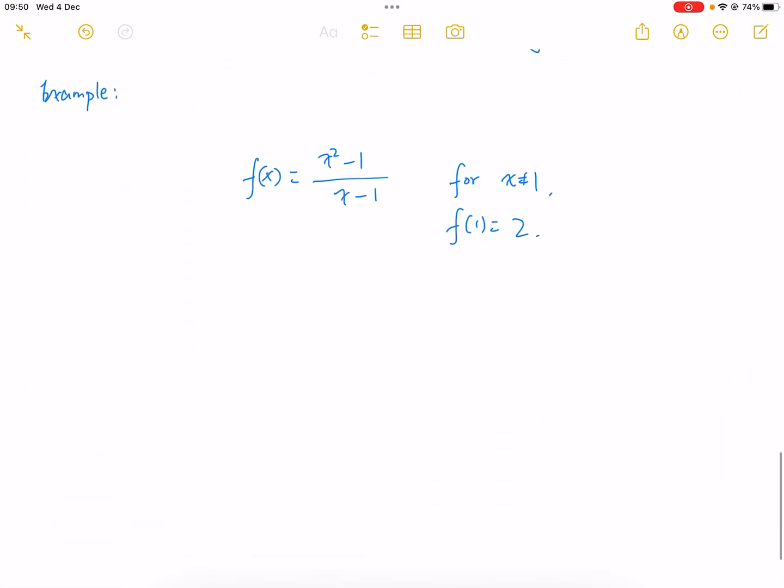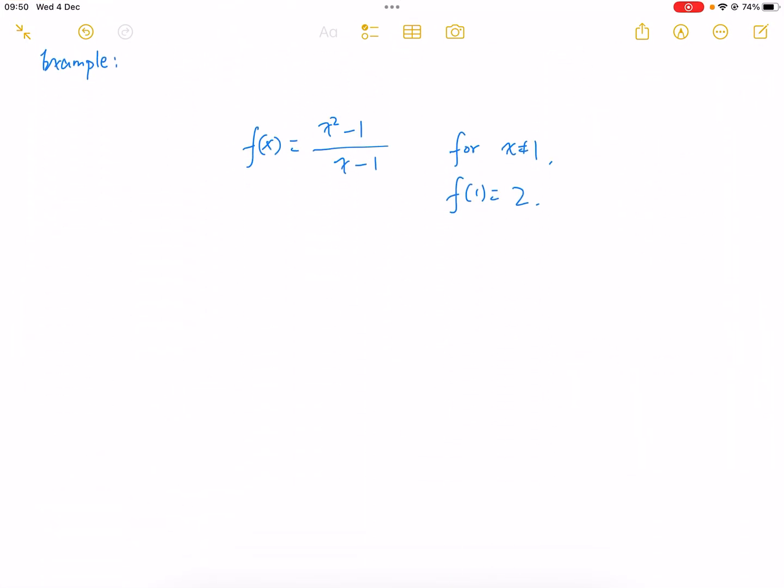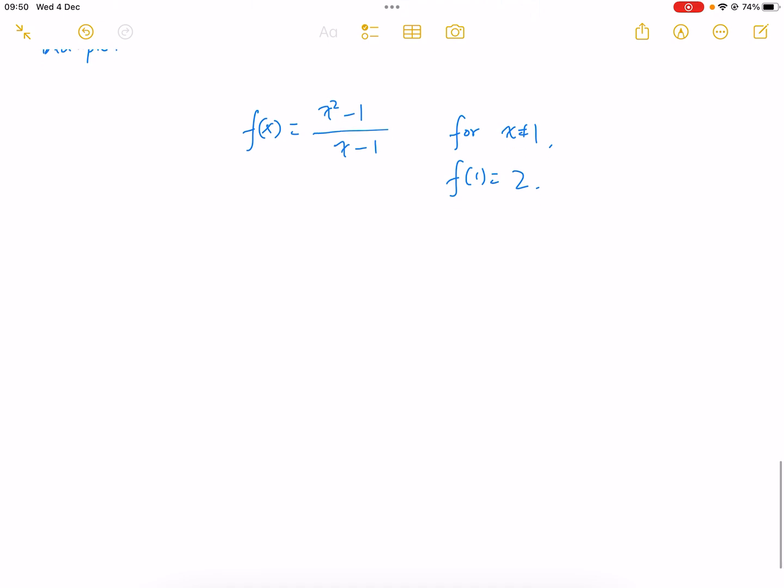So first, we simplify the function. Now we have f of x equals x squared minus 1 over x minus 1, which equals x minus 1 times x plus 1 over x minus 1.